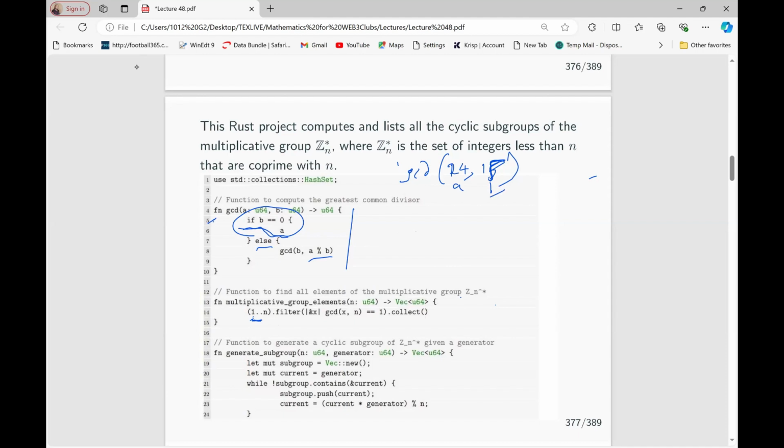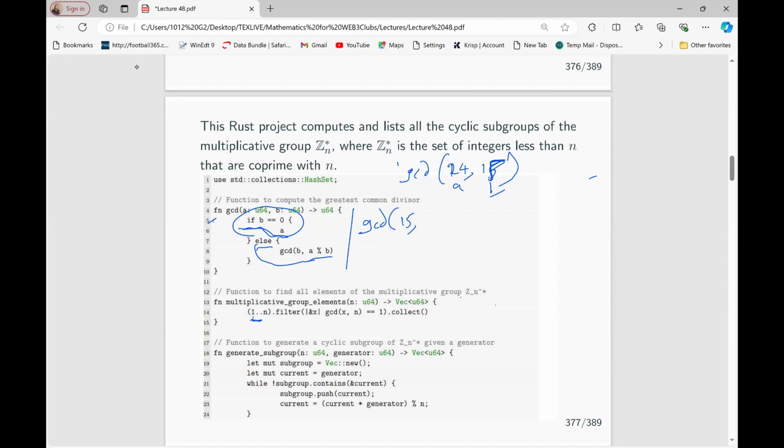The first part does not apply, but what applies is beginning from else. And what it says is you make a call for the GCD of B and the remainder of A on division by B. My A is 24.